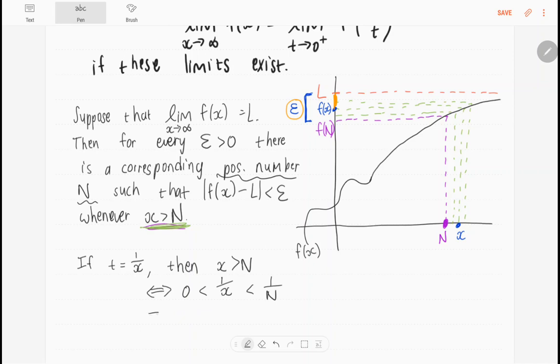And this is if and only if t is between 0 and 1 over n.